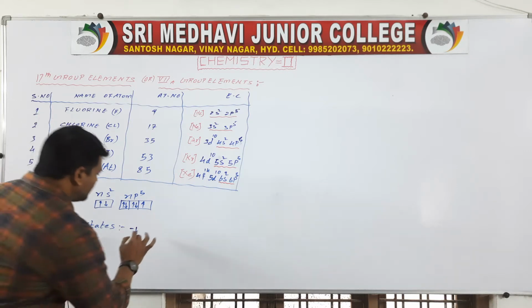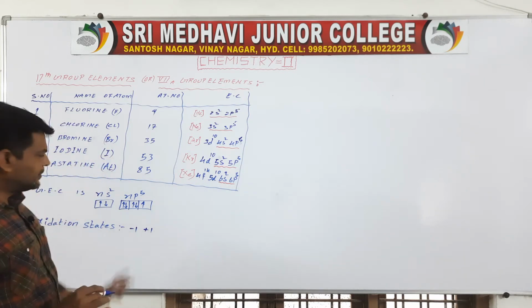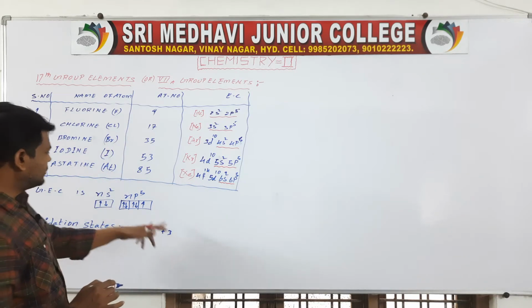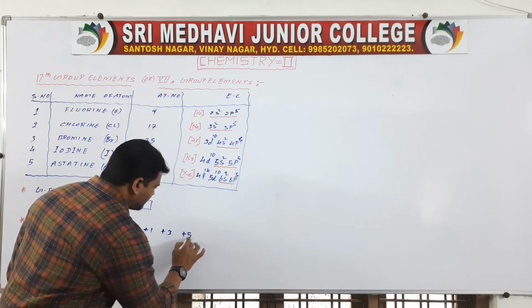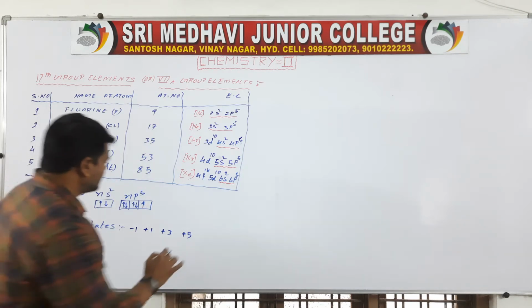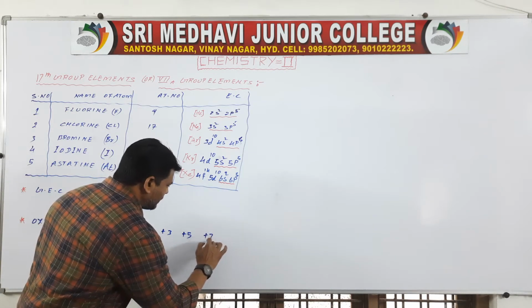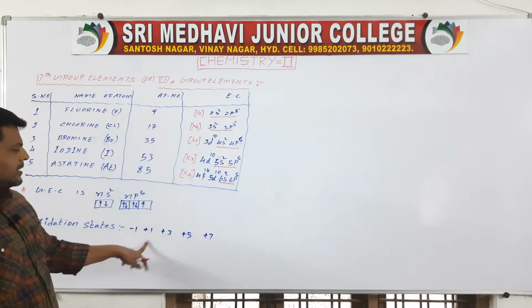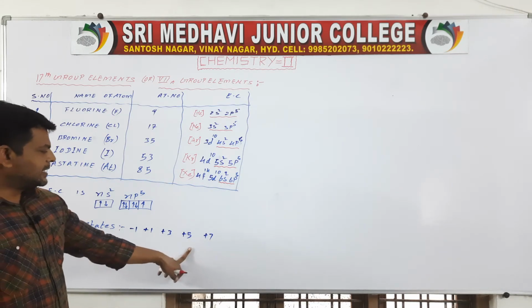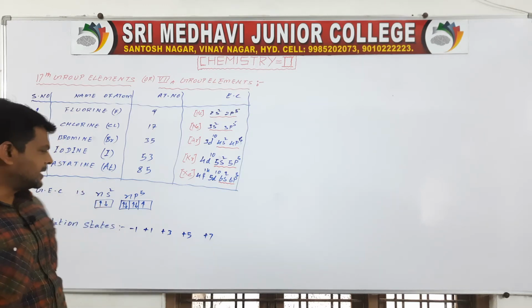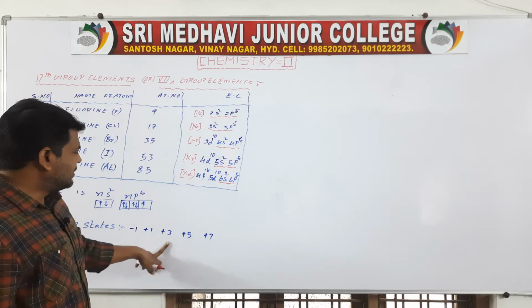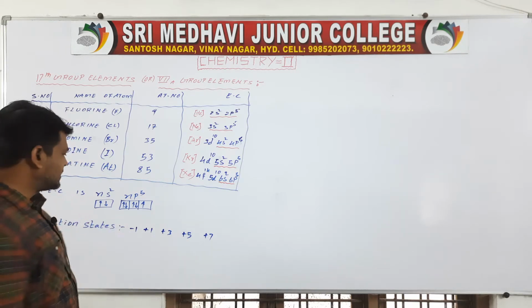Then losing 1 gives +1, losing 3 gives +3, losing 5 gives +5, and losing 7 gives +7. These are the ground state, first excited state, second excited state, and third excited state.